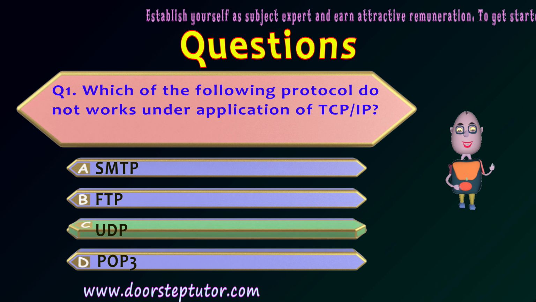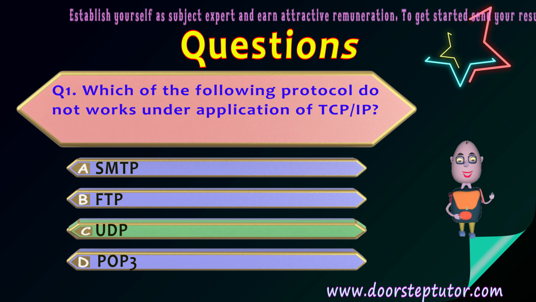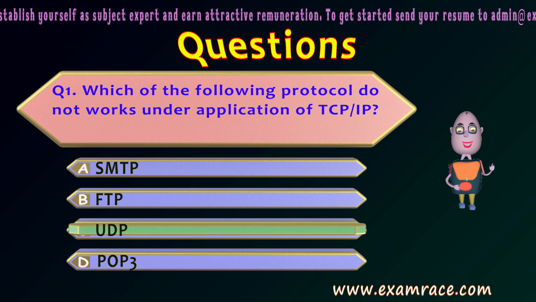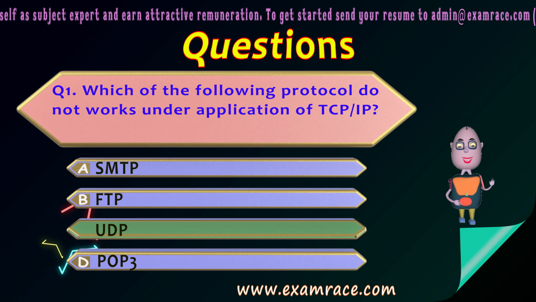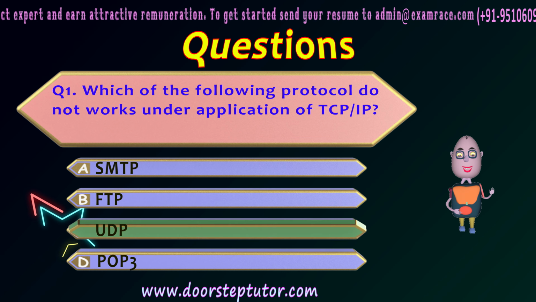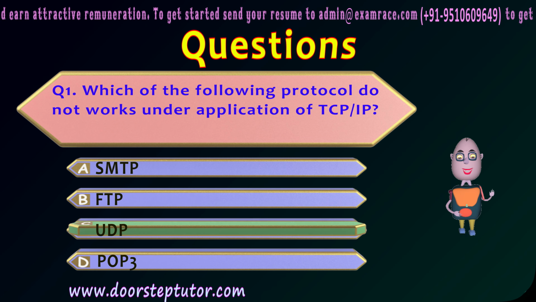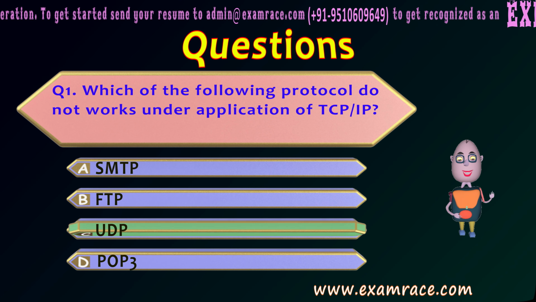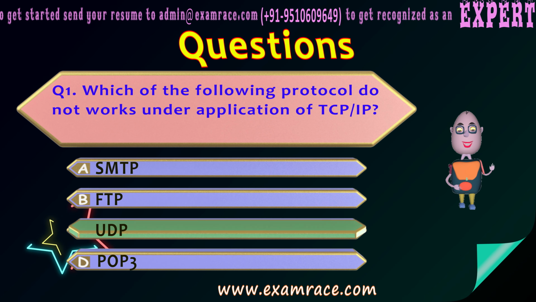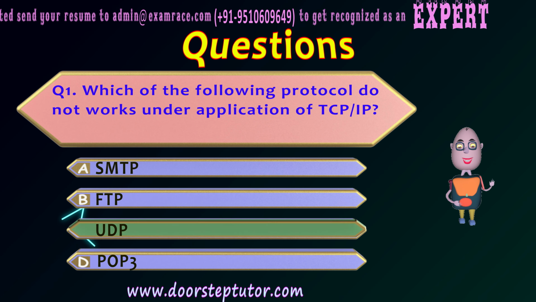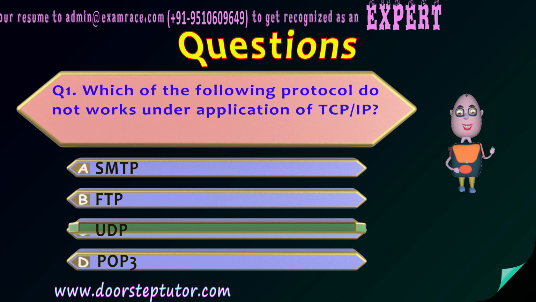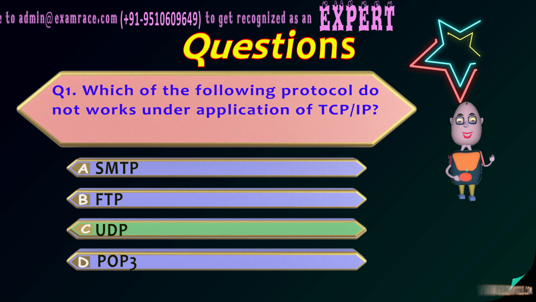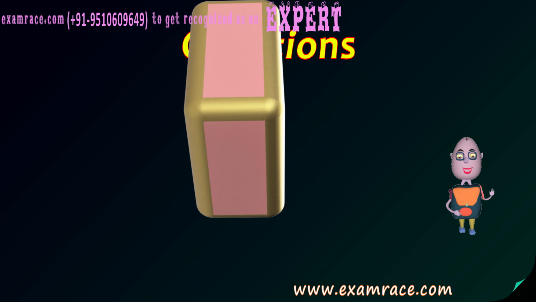It is not working under the application layer of TCP IP. So the correct answer is UDP. And it is basically a connectionless protocol where there is no proper connection between the sender and receiver for the delivery of data. So there may be chances that the message gets distorted in the path even.